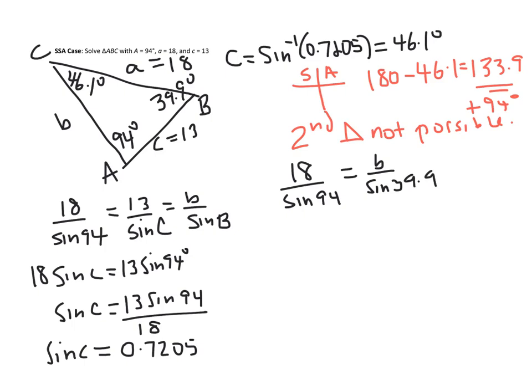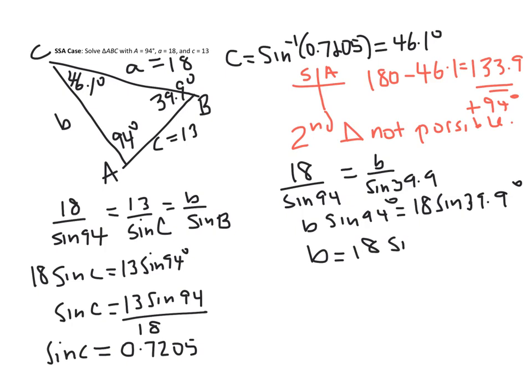So this gives me b sine 94 equals 18 sine 39.9 degrees, and then I get b equals 18 sine 39.9 divided by sine of 94 degrees, and I put that in the calculator and work it out, and b is going to be 11.6.